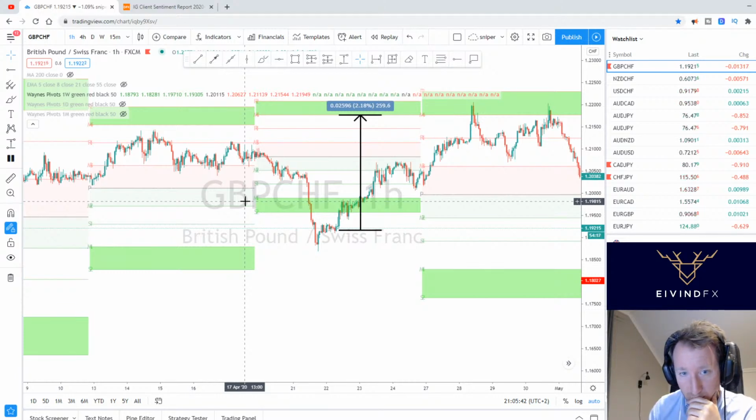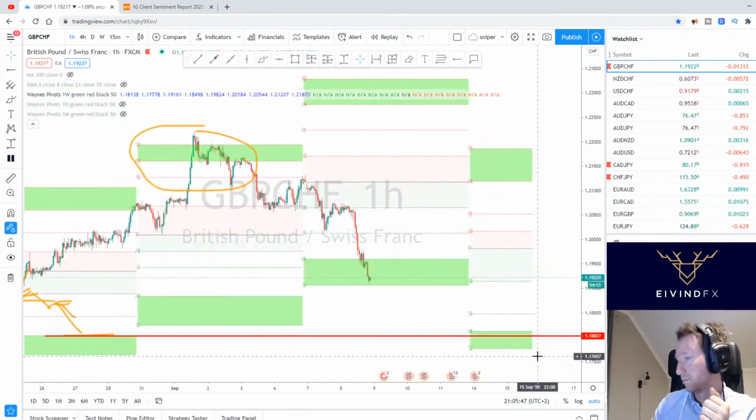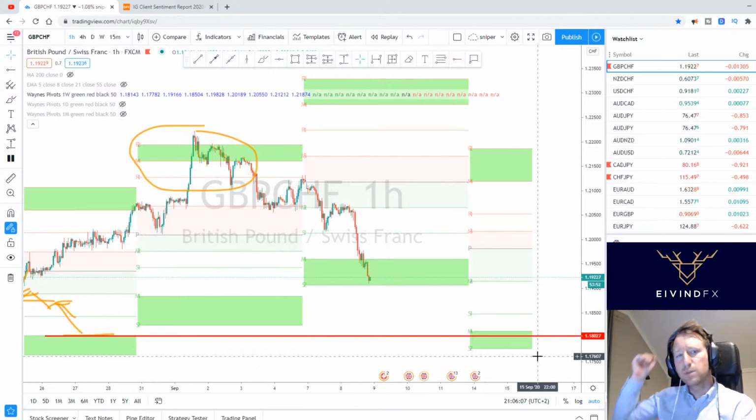Pound Swiss is coming down right now. Yes, it does. EUR is behaving strange lately. Yeah, there are some rumors that Euro is going to ditch the negative interest rates.